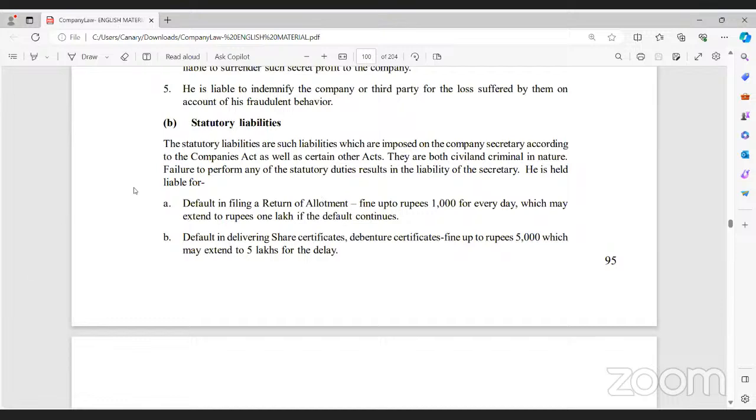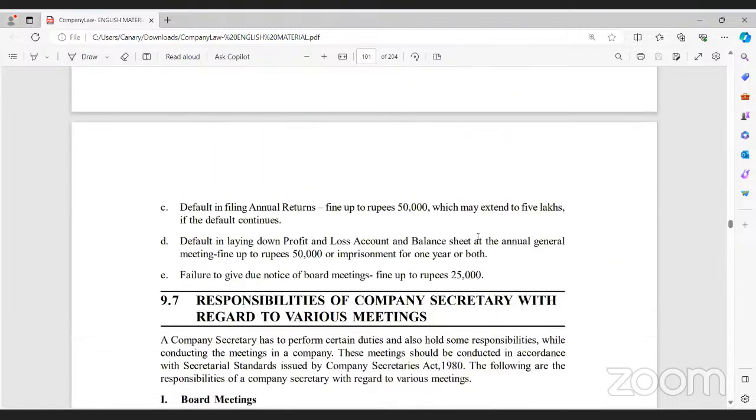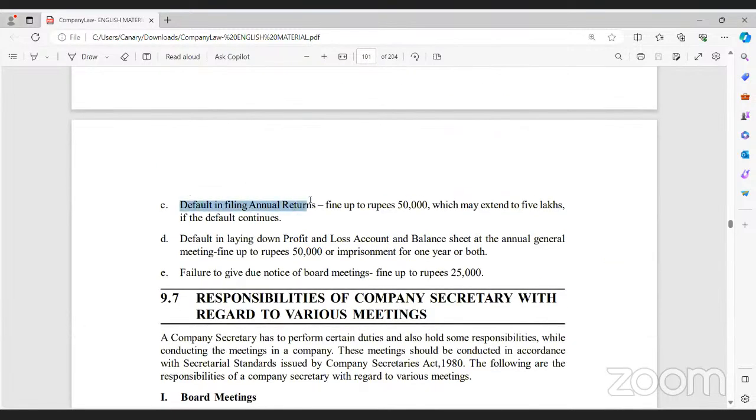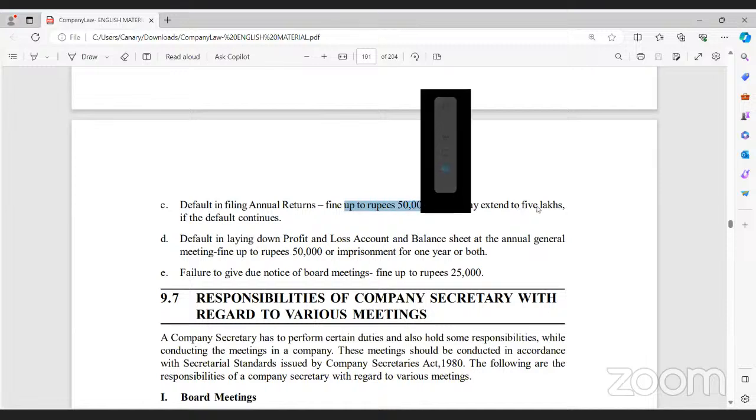For example, defaulting in filing a return of allotment, he will be fined up to 1,000 for every day. Defaulting in delivering share certificates and debenture certificates, he will also be fined. Defaulting in filing annual reports or returns of the company, like income tax returns, fine up to 50,000 or 5 lakhs.